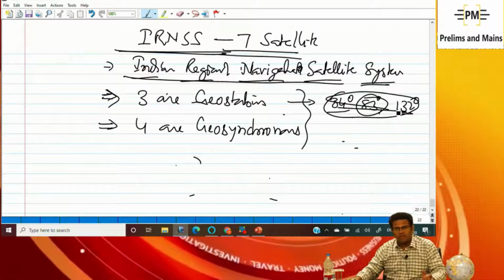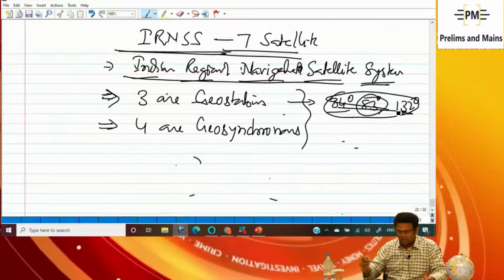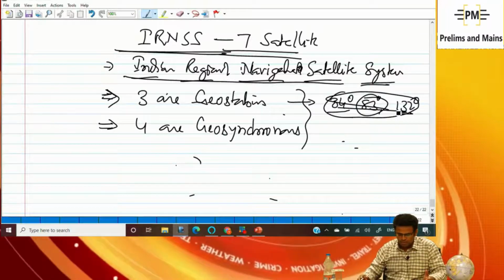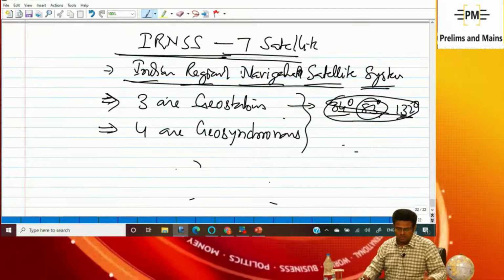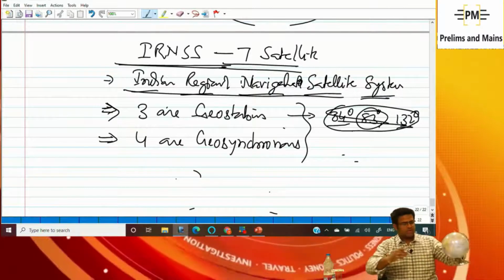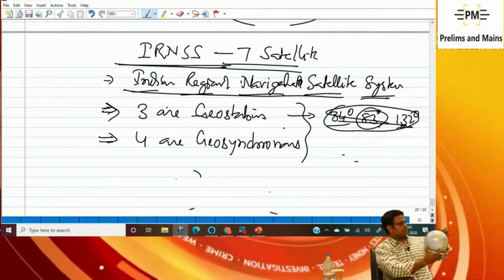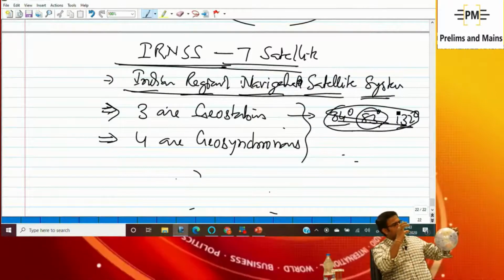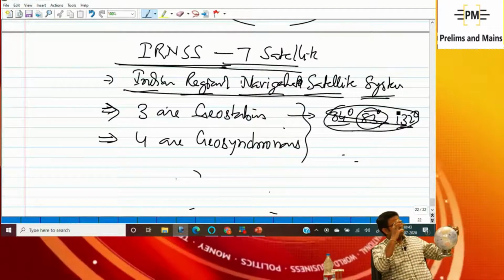If it is written somewhere, or sir told you, that it is above the equator, then it will be at some latitude or longitude. Suppose for India, above geostationary, it will be above the equator.